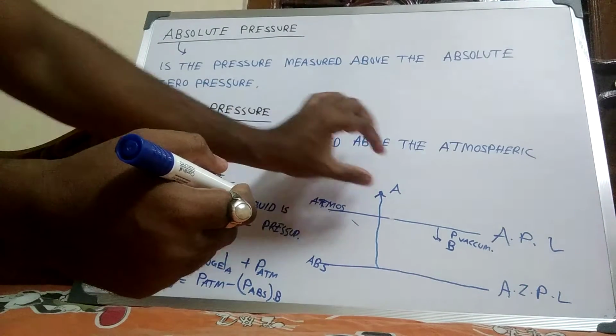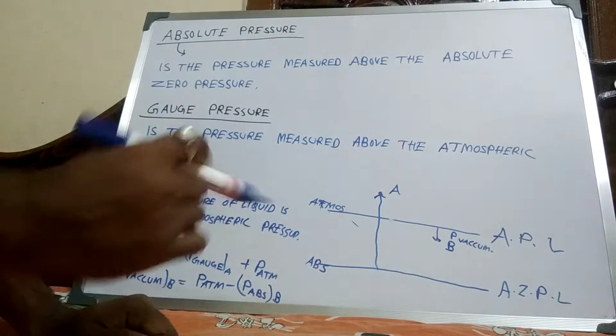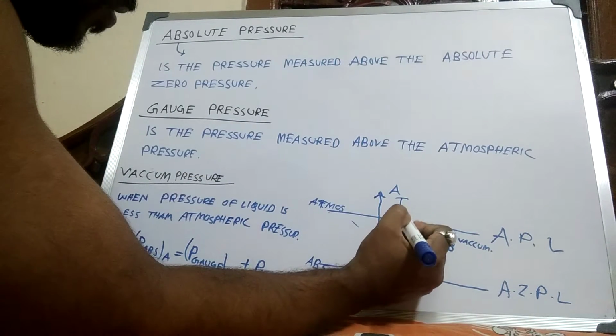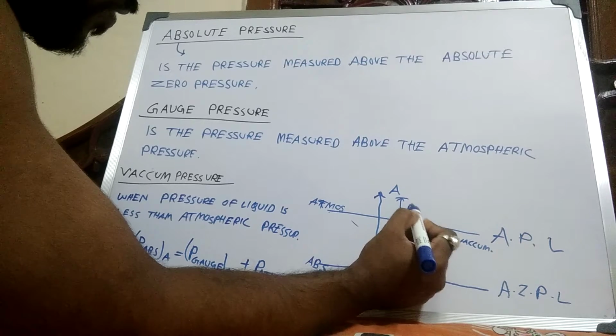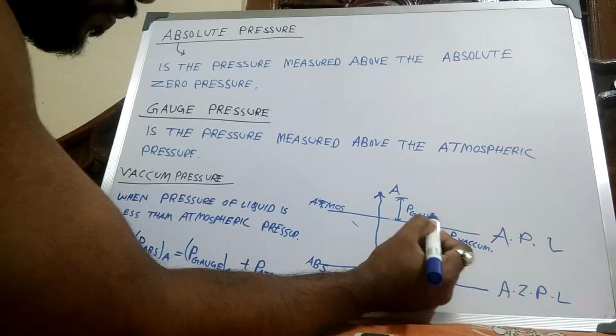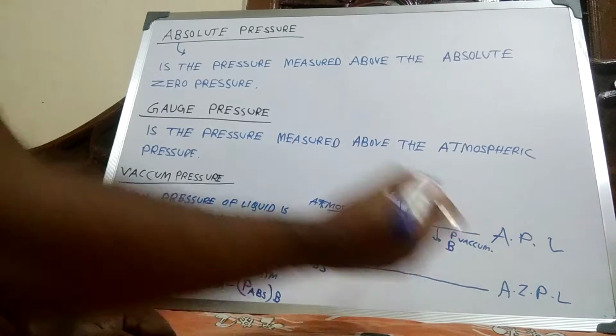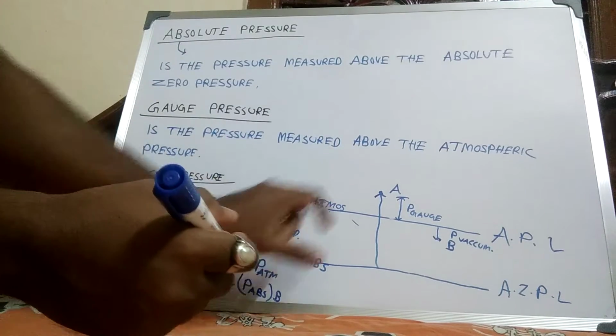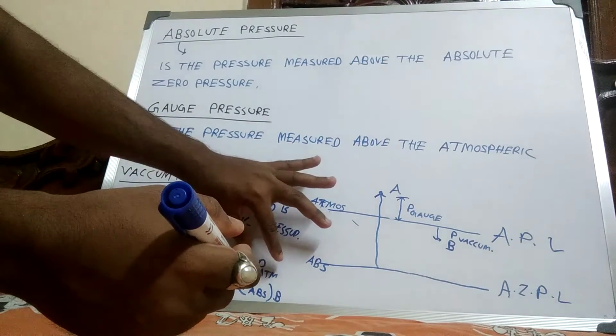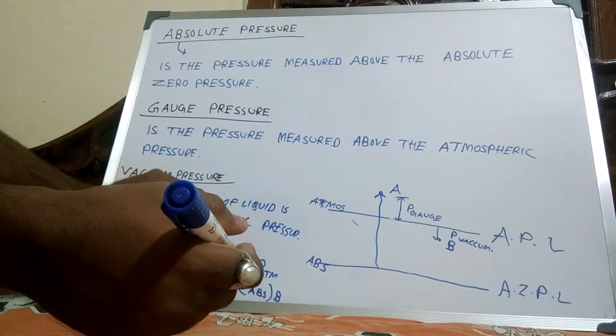The absolute pressure. What is absolute pressure? This is gauge pressure, suppose this one is P gauge. This is the P atm, atmospheric pressure, and gauge pressure.